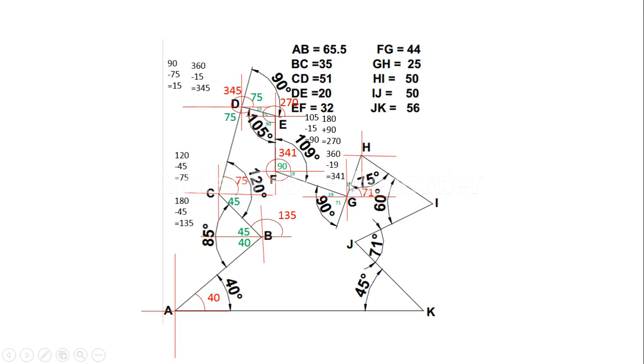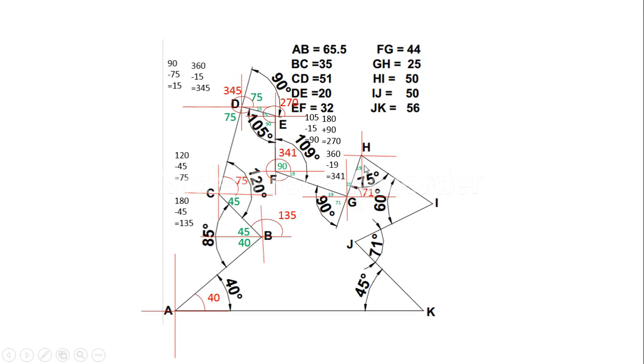If this is 19, this portion is also 19. If this is 19, this total angle is how much? It is given as 75, from this black line to this black line.